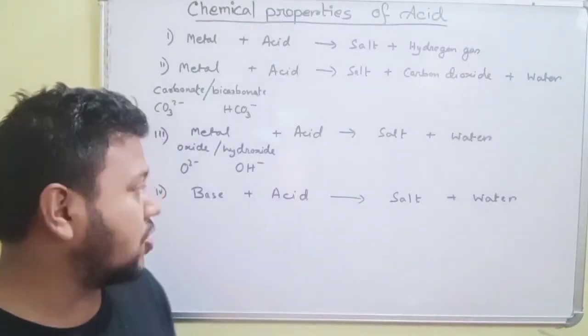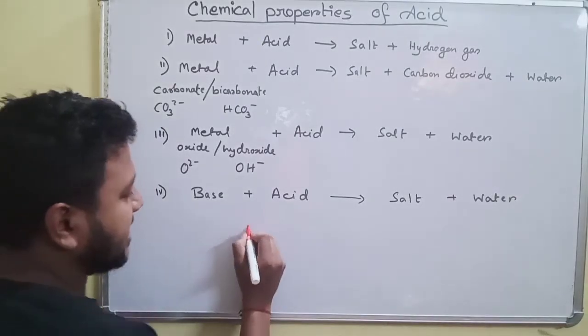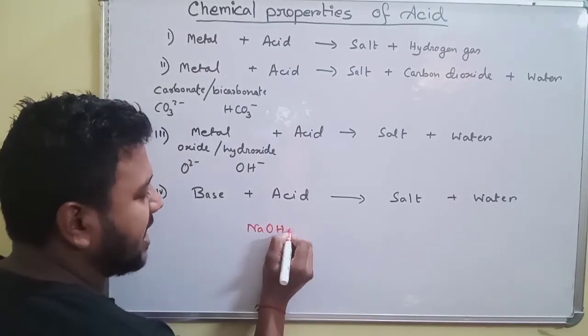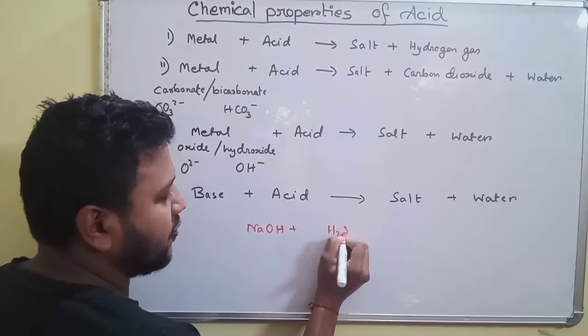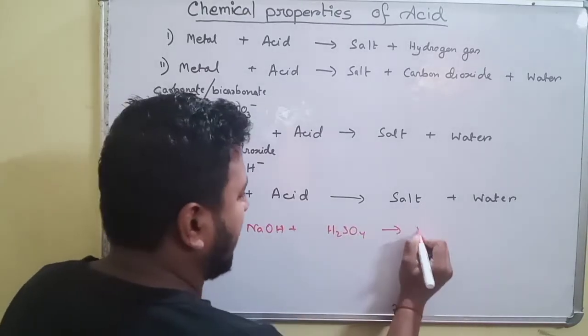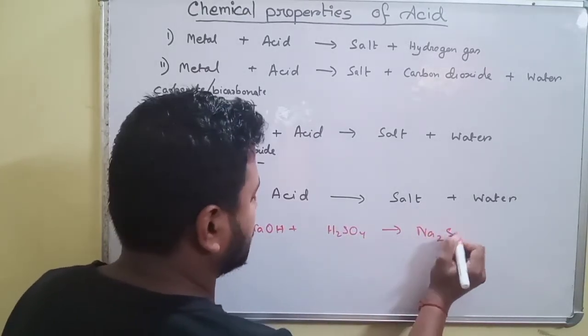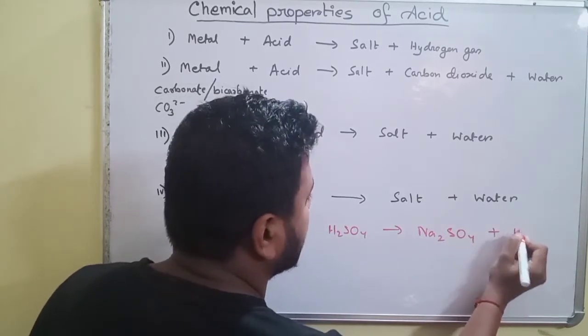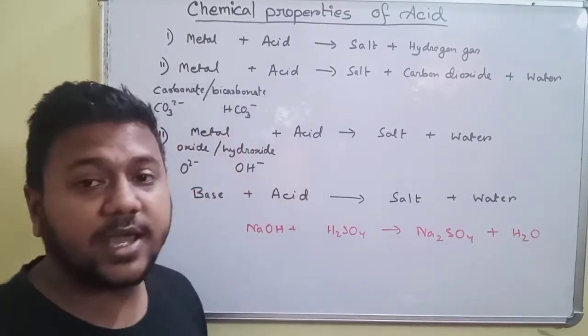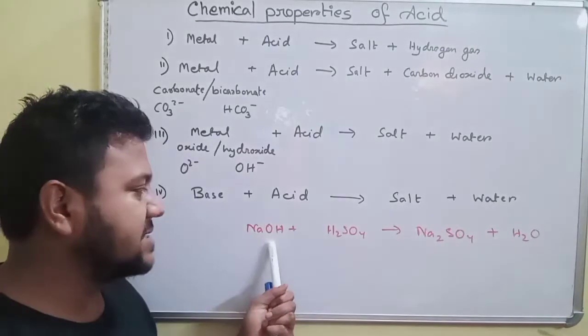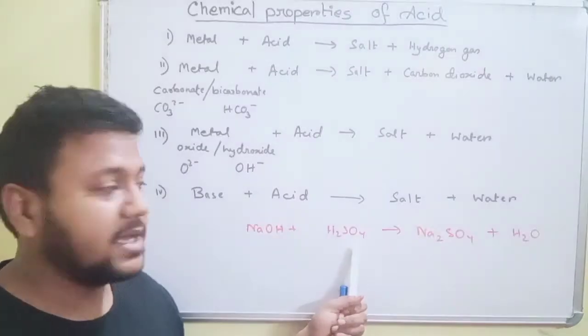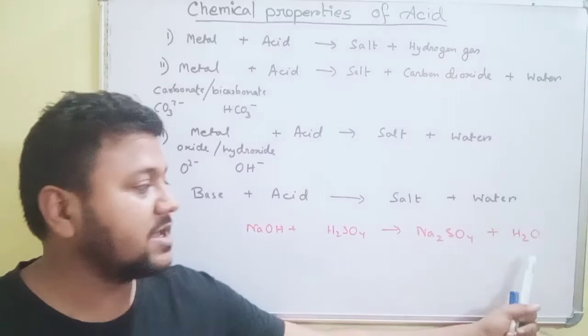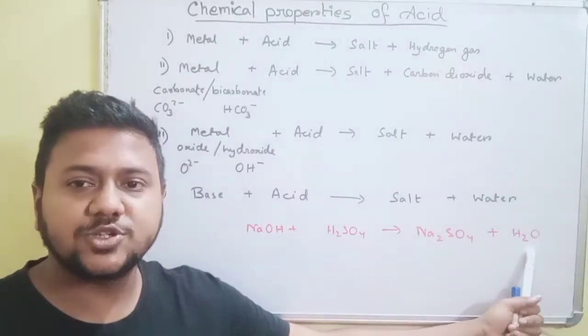Okay, so let us see examples like NaOH when it reacts with H2SO4, they give us Na2SO4, a salt, plus H2O. So when a base reacts with an acid, they give us a salt with the liberation of water.